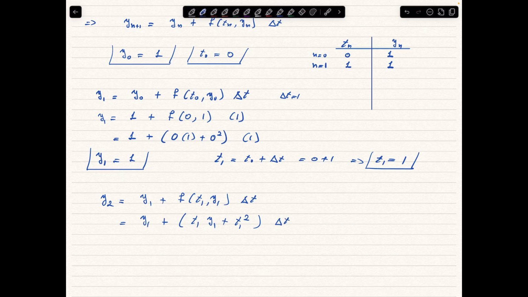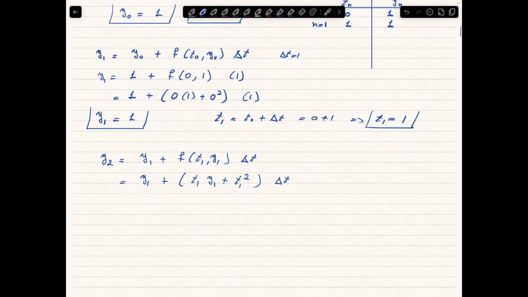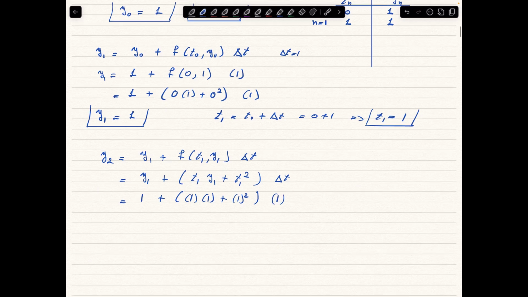Okay, now let's replace, and we have 1 here plus t1 is 1, so 1 multiplied by 1 plus 1 squared times delta t, which is 1.